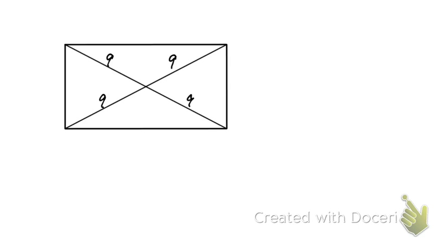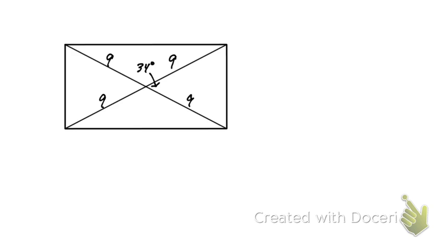They intersect in a 34 degree angle. You could pick any angle, but I'm going to pick the one that looks like it's 34. So that angle is 34 degrees.